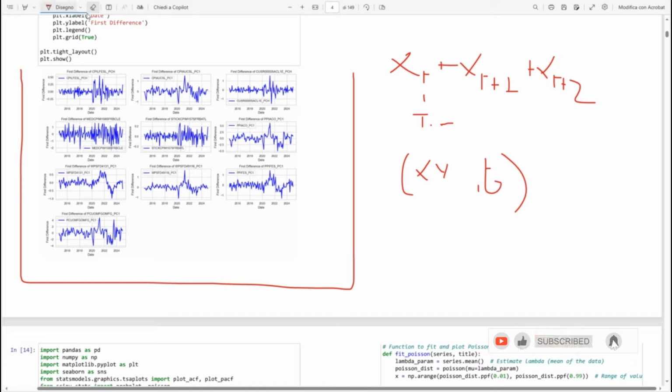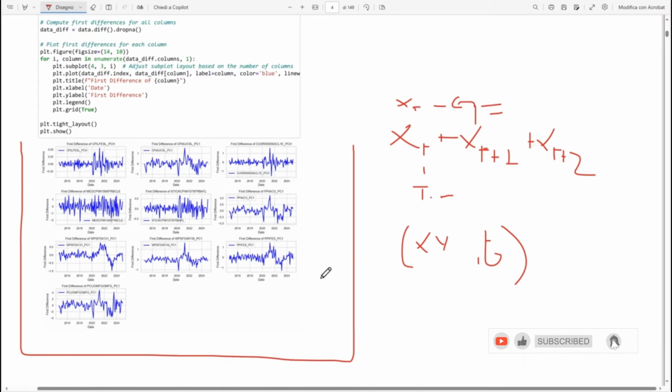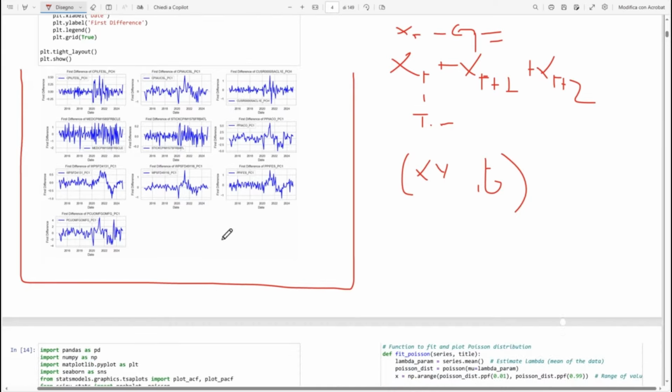So the first difference takes the following period, t plus 1, and subtracts the previous period, xt, and then out comes the difference between these two data points. With the difference you can filter out the seasonality and the overall trend of the data.